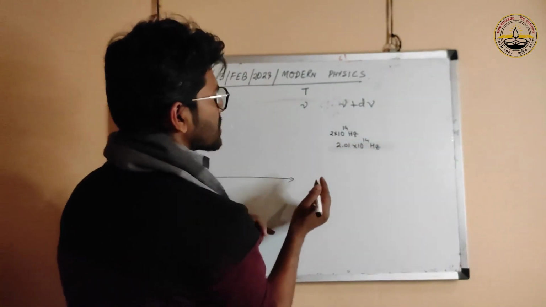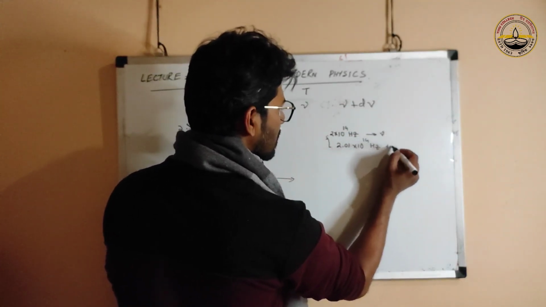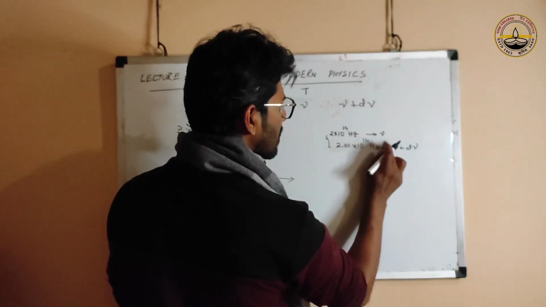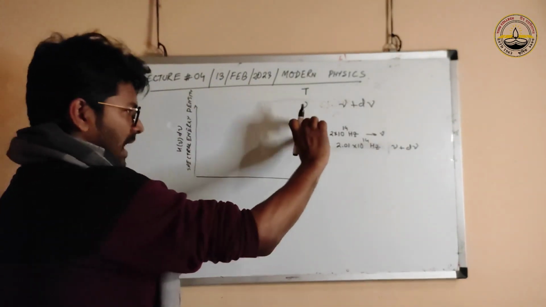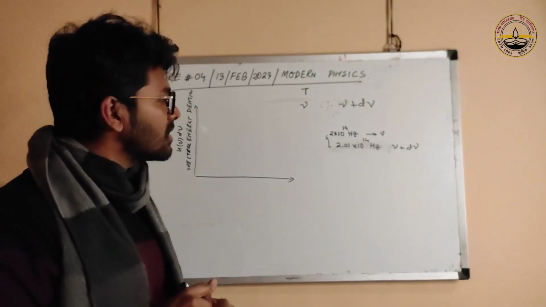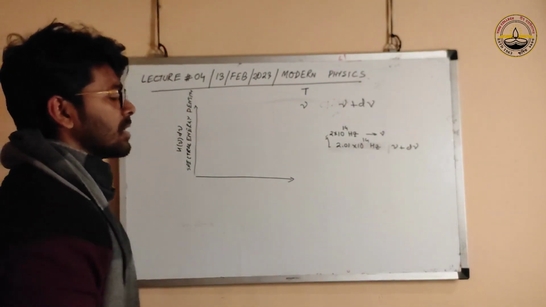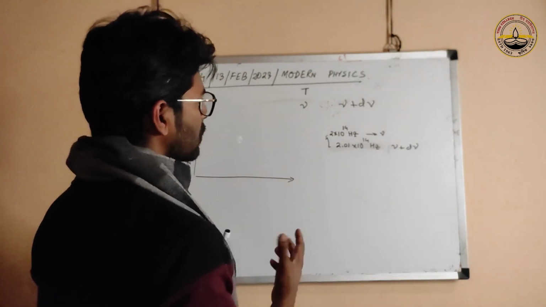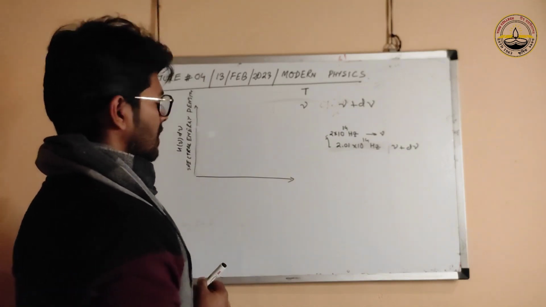So we choose this range, nu and nu plus d nu, and look at this energy range, how much energy is radiated by a black body per unit time, and that will be our spectral energy density.